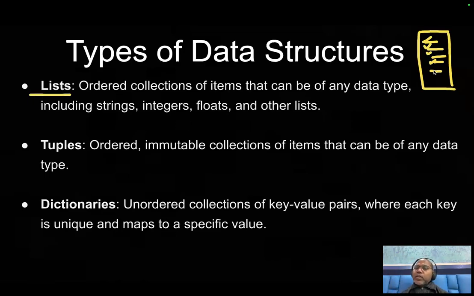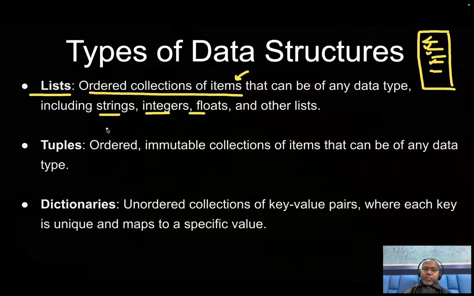You're not going to write down all the materials. Similarly here, if you have more than one item and you want to store and maintain the order, then the list is an ordered collection of items. Here an item is your data or information. Data can be any type: string, integer, float, and others.